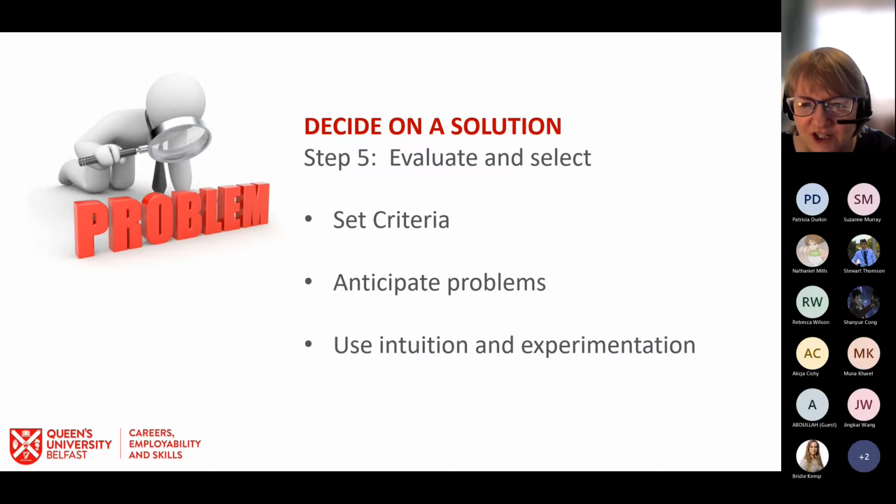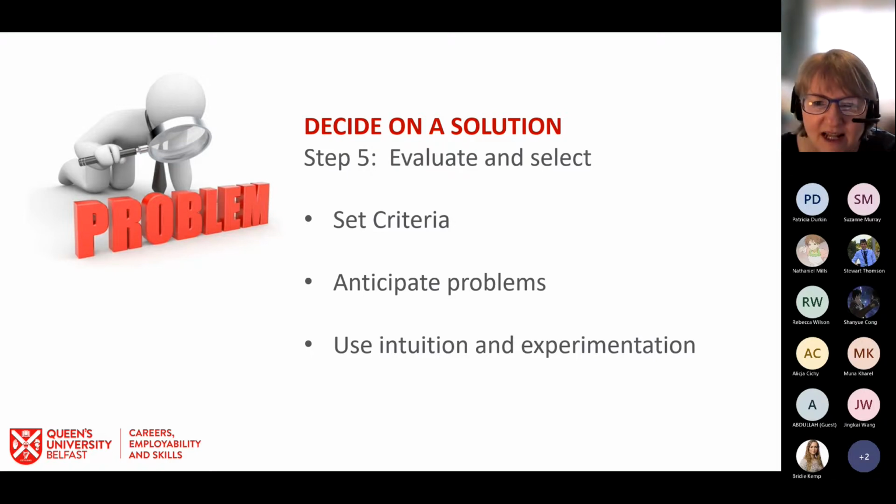And we then need to anticipate problems. Look ahead and try to see what problems might come up. And indeed, if a solution is likely to create more problems than we can solve, that's obviously one thing to consider in deciding whether we go ahead with it or not. Are we going to create problems for ourselves? You can use your intuition and experimentation.